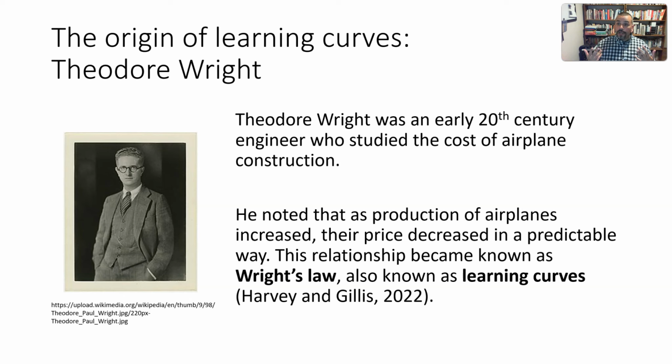The reason why a lot of us can afford airplane flights today is because of some of the pioneering research that Theodore Wright did. His research, which looked at this relationship between the production of airplanes and their cost getting lower the more airplanes that were produced, became known as Wright's Law, but what we typically call today learning curves.